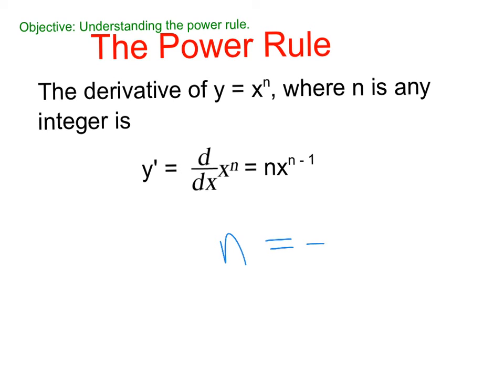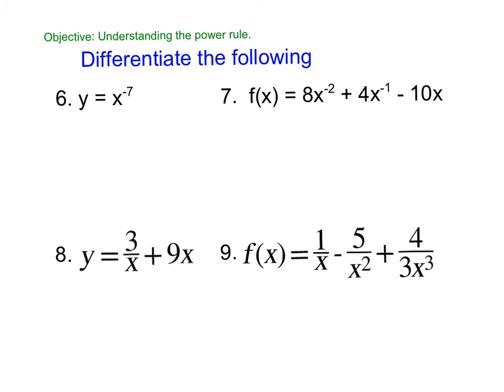N can be anything, it doesn't matter what it is. It can even be a decimal. The rule is exactly the same, all right?